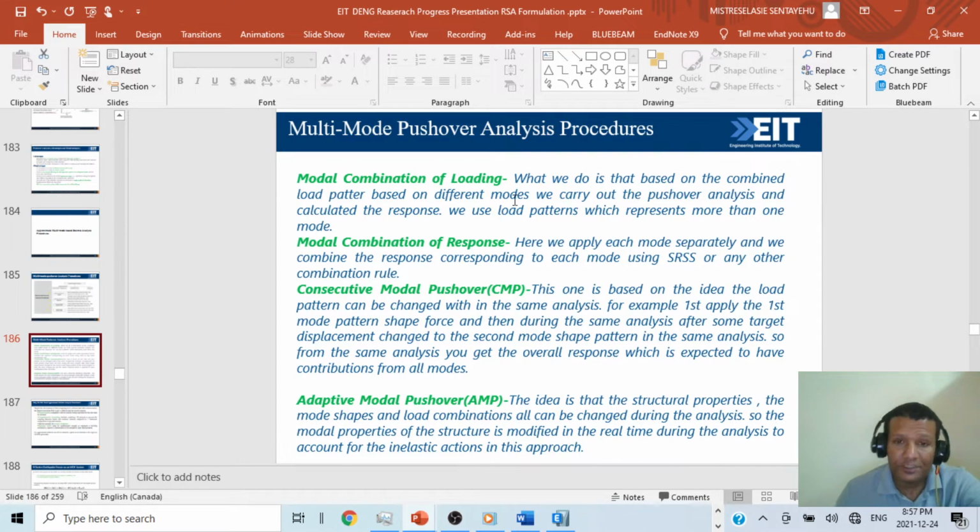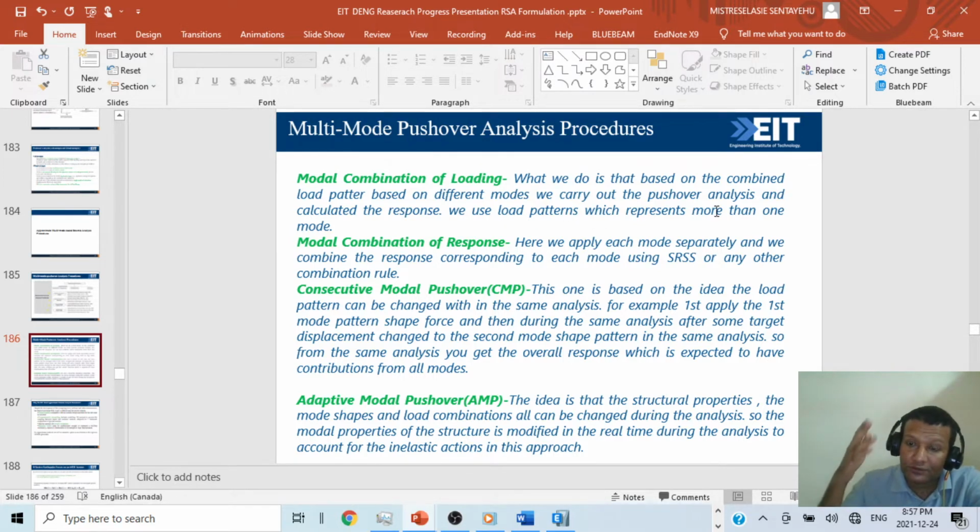So what is modal combination of loading? Based on the combined load pattern from different modes, we carry out the pushover analysis and calculate the response. So we use a load pattern which represents more than one mode.